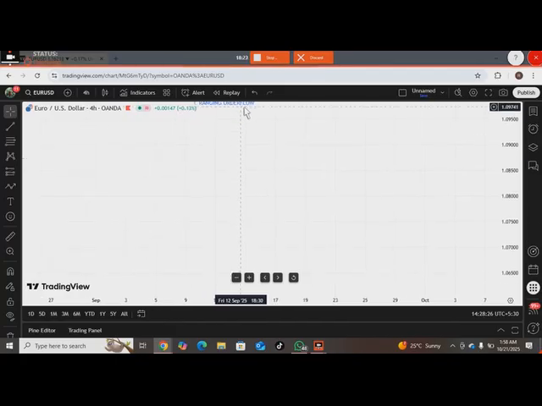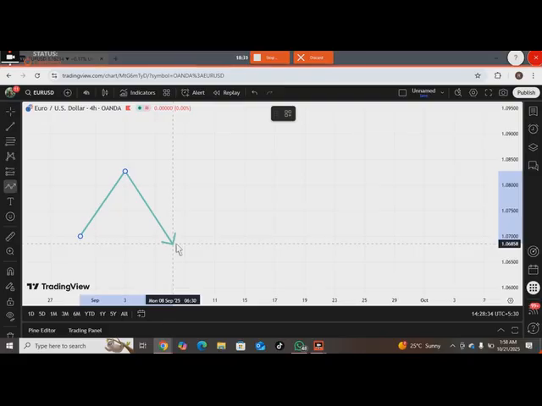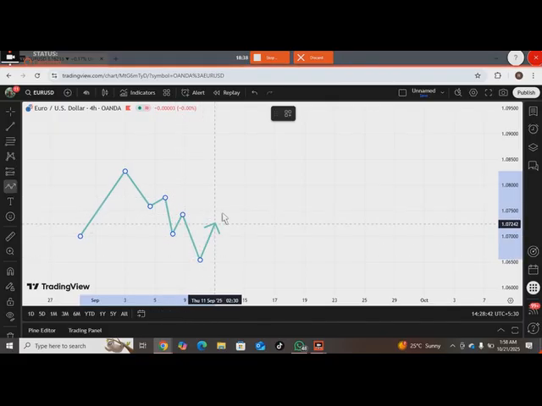Now when the market swings, what we expect to see in the chart is this kind of structure. When the market is swinging, we can see this kind of structure.